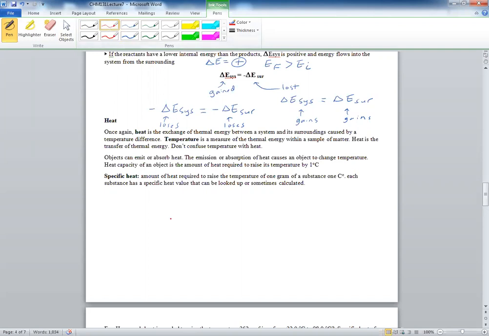If I have 1 gram of iron, and I have 1 gram of water, H2O.